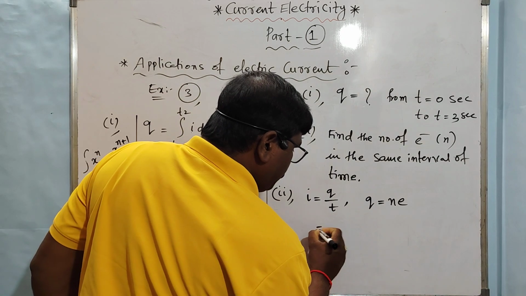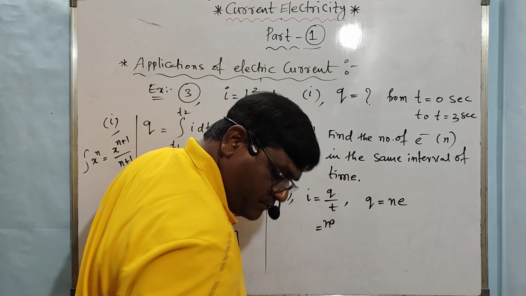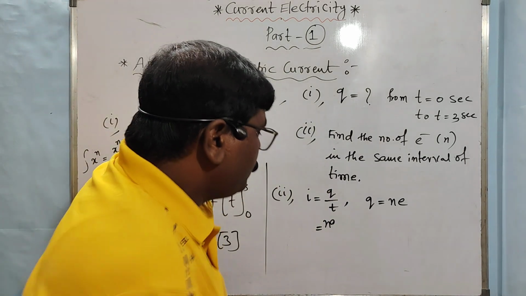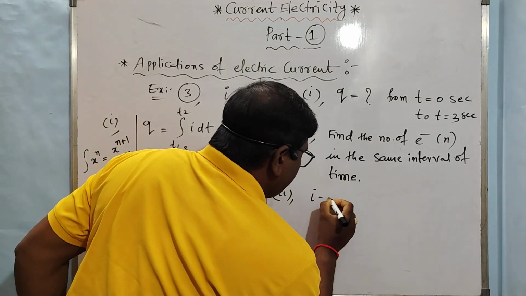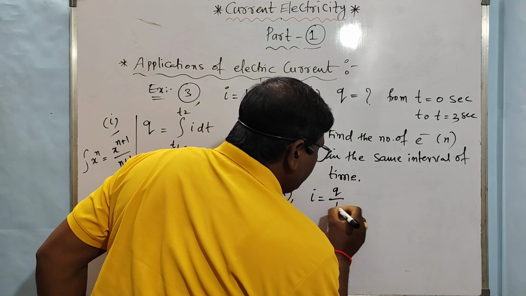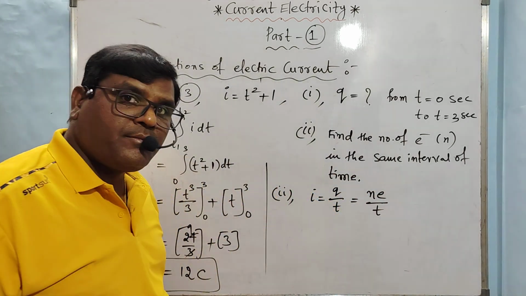Yes or no? So N into E, we know the formula of that, this one only, na? That is I is equal to Q by T, that is equal to N E by T only, na?